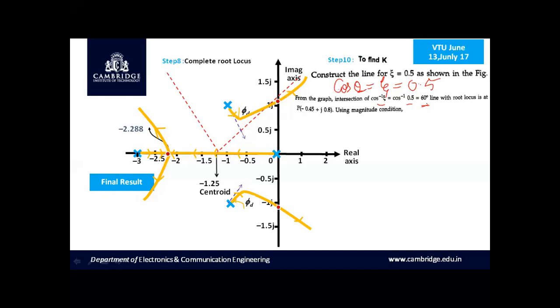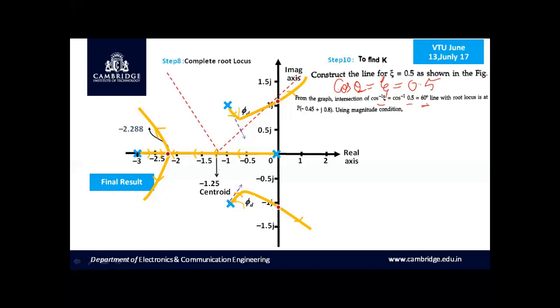Once after getting the value of theta as 60 degrees, now we have to draw a line at an angle theta from the origin such that theta is measured from the negative real axis in the clockwise direction. So you have to listen carefully.